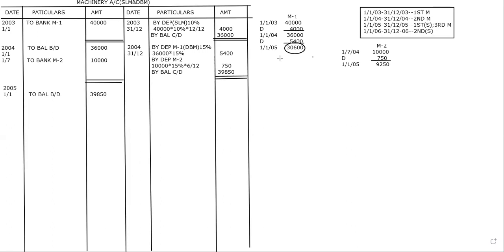So how many months we used? Please count it. When we are selling and how many months we used? July 1st we sold. July 1st means January to June, July 1st is not countable. How many months? 6 months. So depreciation you will go for calculating for 6 months.